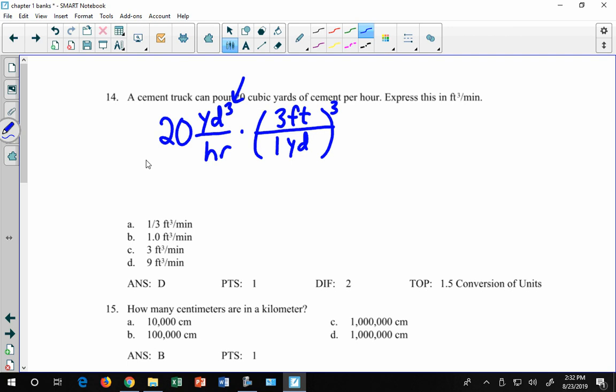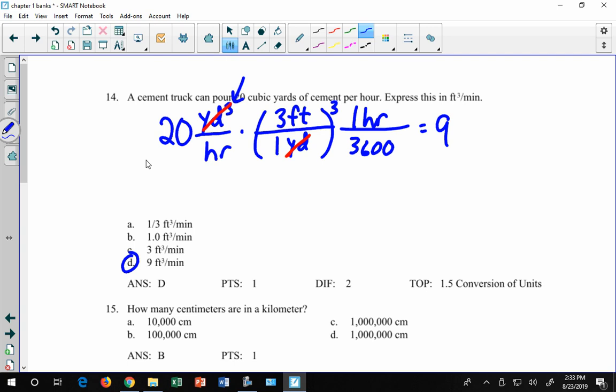Because in order to cancel out these yards, I have to have it cubed. So I have cubic yards canceling with cubic yards. And then the hour, I have 1 hour, 3,600, and that'll give me my answer, which is going to be 9. Okay? 9 cubic feet per minute.